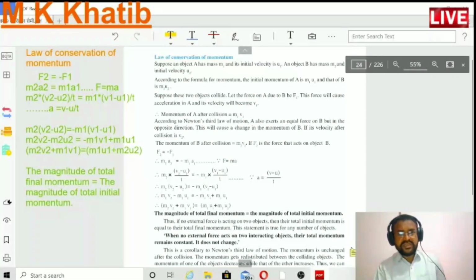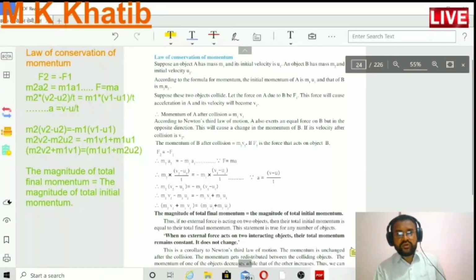Suppose these two objects collide. Let the force on A due to B be F1. This force causes acceleration in A and its velocity becomes v1. Therefore, the momentum of A after collision is m1 v1.